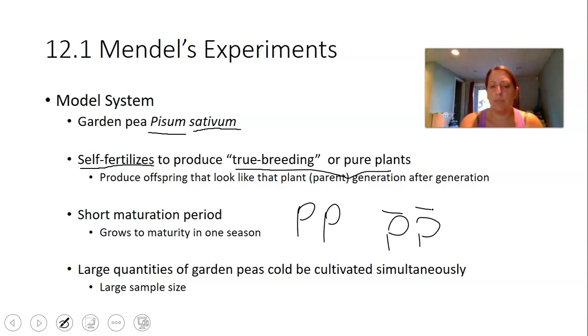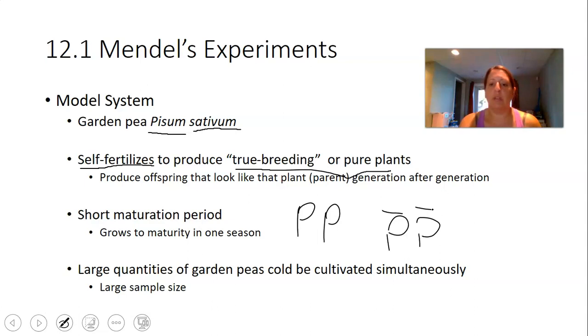Okay, so again, pure or true breeding plants, if I had a big P plant that produced purple flowers, purple is dominant to white, then generation after generation of self-fertilization would always give me purple flowered plants. Those plants would be homozygous dominant. For the little p, those would be plants that produced white flowers, generation after generation after generation.